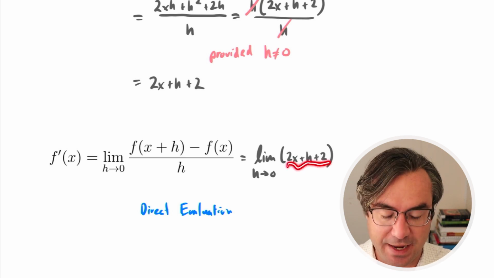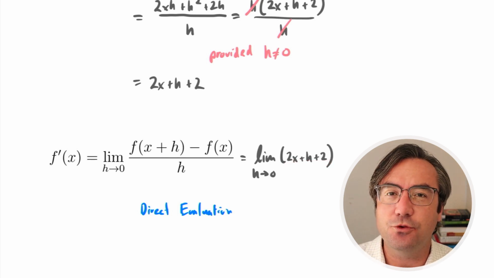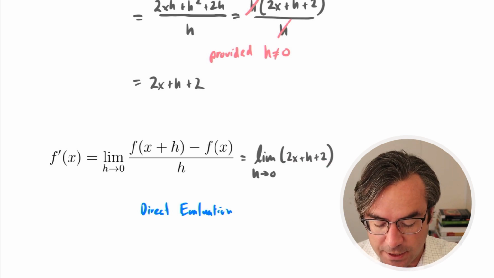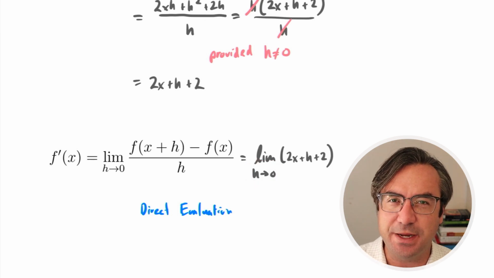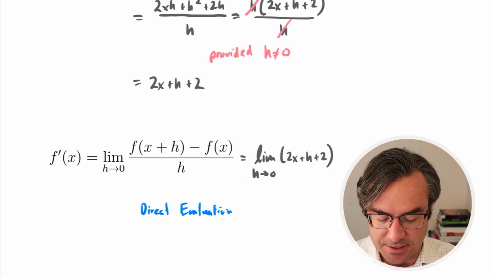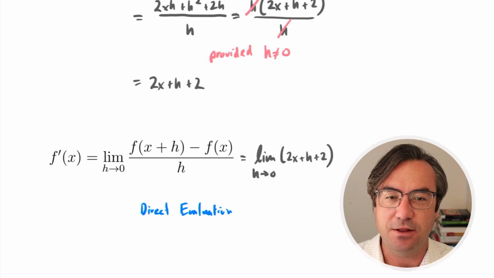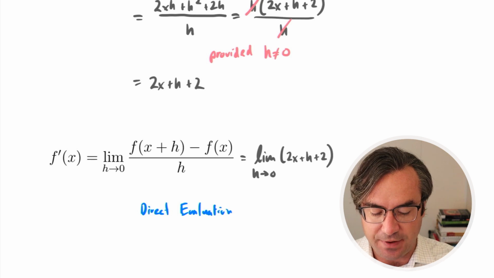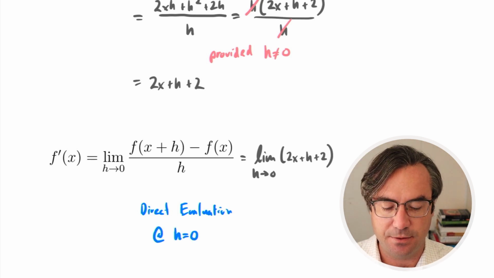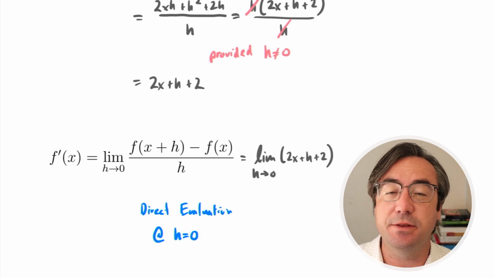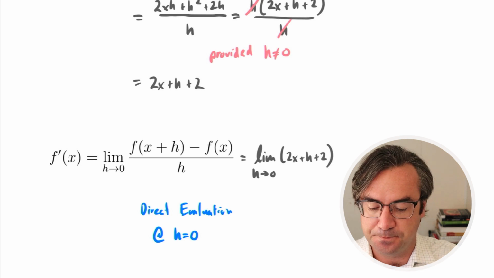So we have some x's, we have some h's. When we do direct evaluation, we're looking at the limit sign here to tell us which variable we should be considering. So in this case, h is the thing that's getting close to 0. So our direct evaluation is we're going to plug h equals 0 in. So our answer here should ultimately still have some x's.